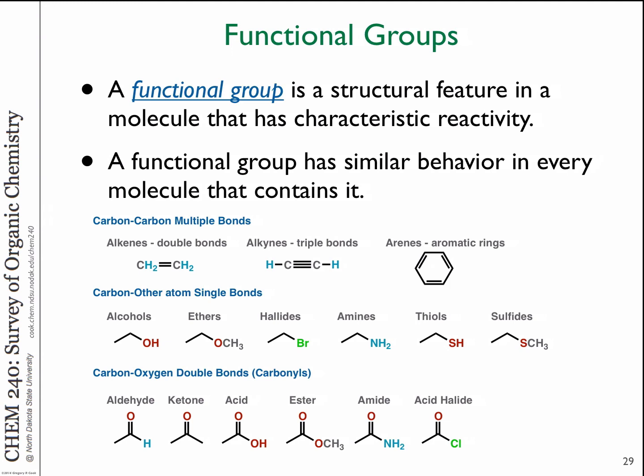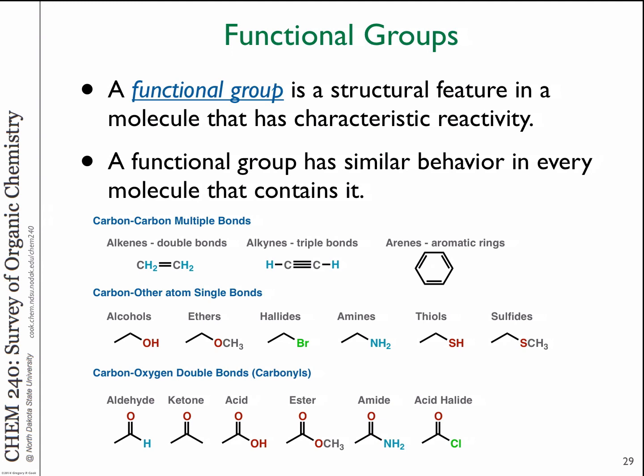It could be on 1 carbon, it could be on 10 carbons, but that alcohol is going to react like an alcohol on any other molecule. So it has general reactivity features with just some subtle differences based on the specific structure. Now we can characterize reactions by the type of functional group and the transformations they undergo.